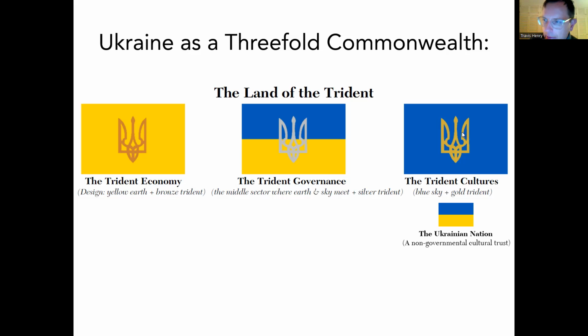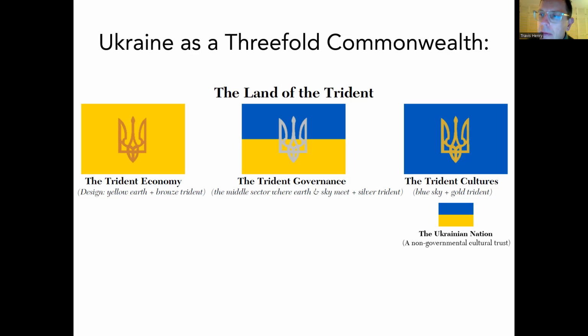We suggest that in the threefold Commonwealth the previous name of the nation not be used for any of the three administrations, because it's no longer attached to the nation. That's why we offer this poetic name, the land of the trident, or the threefold Commonwealth of the trident, which is an existing poetic name.